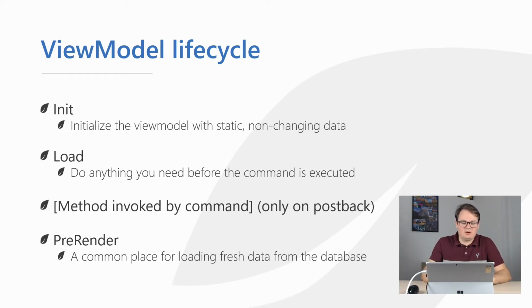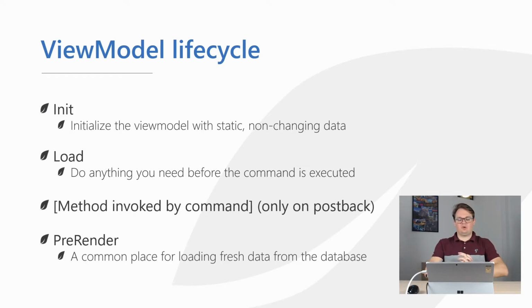This state is available in the load method. So in the load method, you have the view model in a consistent form. It's in the exact state as the user is seeing it right now on the post back. And then the method which the user chose to be called will be invoked. So the calculate method would be invoked after the load event.